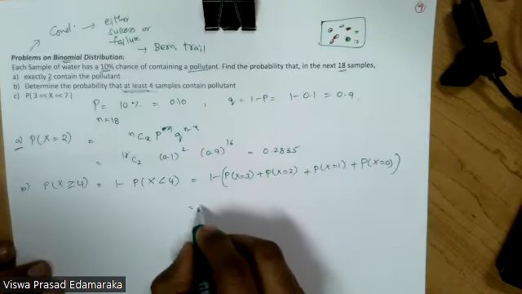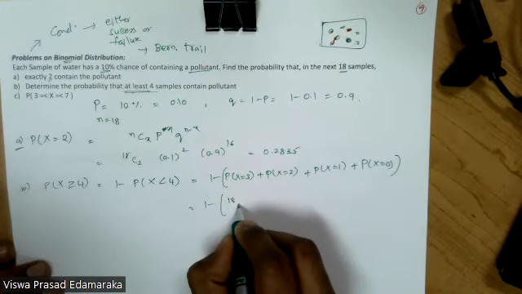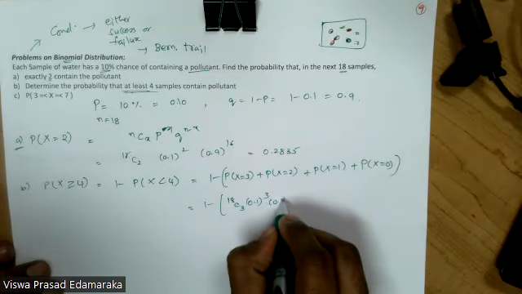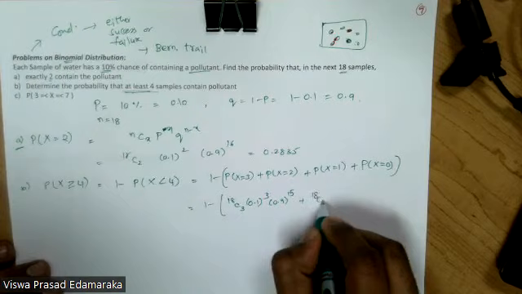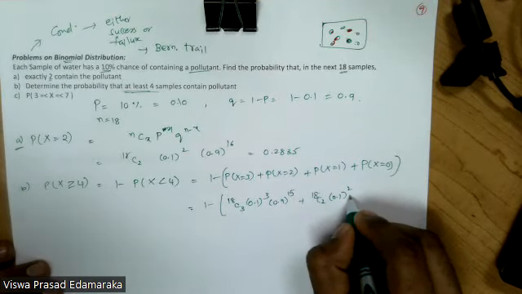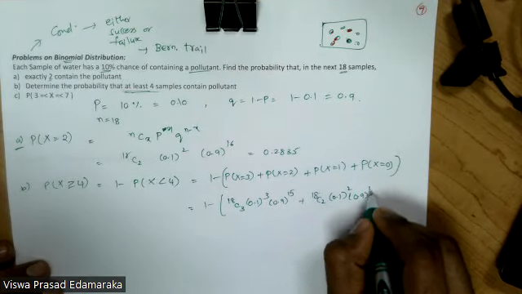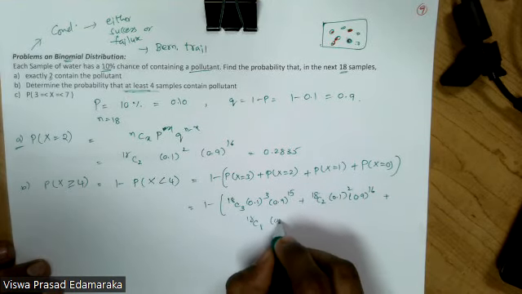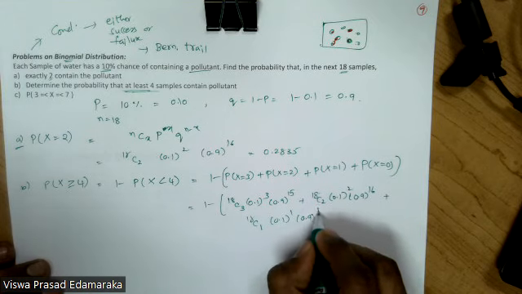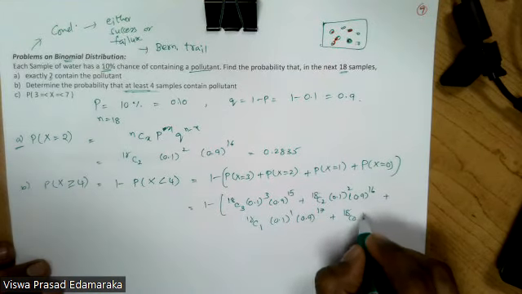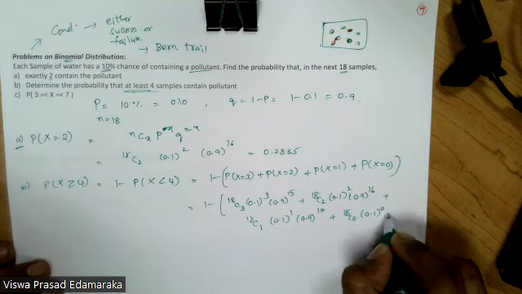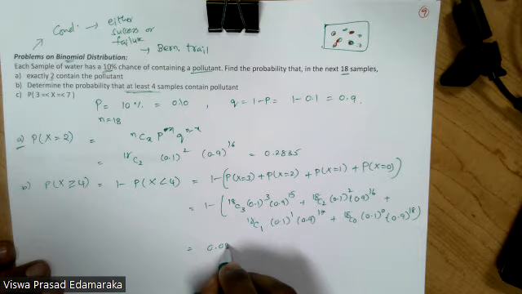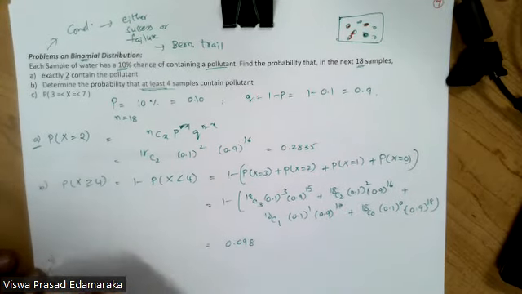So substitute the formula: 18C3 0.1 power 3, 0.9 power 15, plus 18C2 0.1 power 2, 0.9 power 16, plus 18C1 0.1 power 1, 0.9 power 17, plus 18C0 0.1 power 0, 0.9 power 18. After calculating, you'll get 0.098. This is an at least problem.